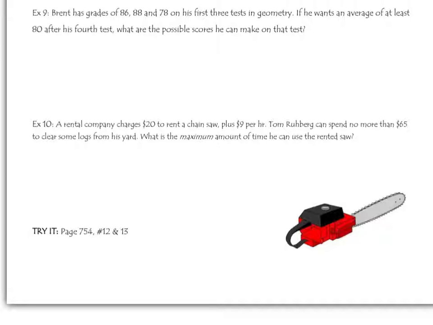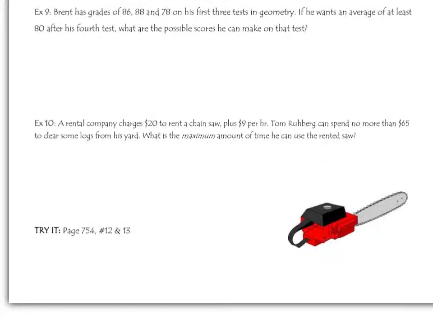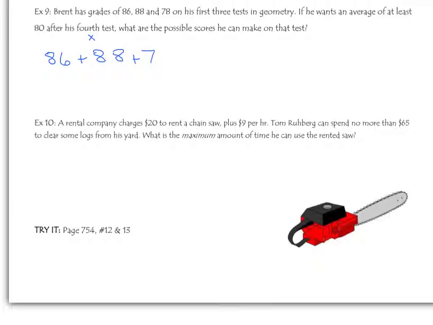So to get an average, you add the 4 tests together and divide by 4. So we're going to call X his 4th test. So we add 86 plus 88 plus 78 plus X over 4.